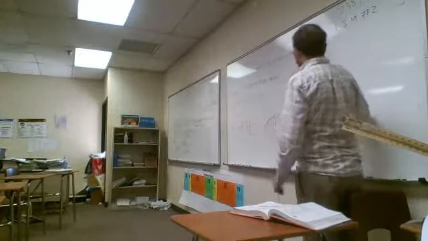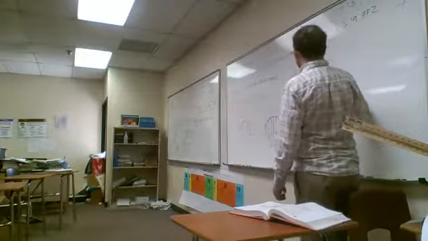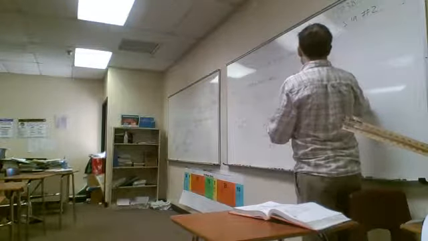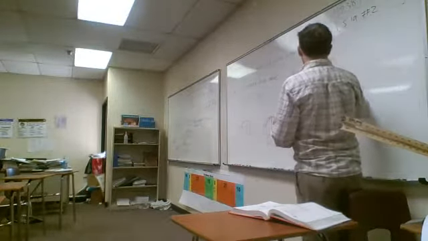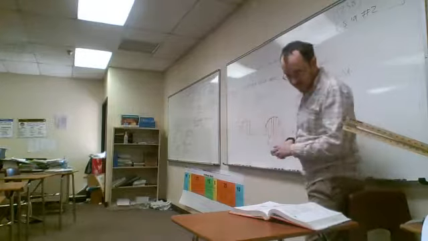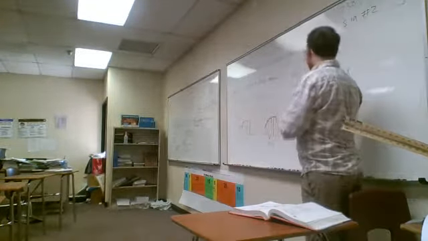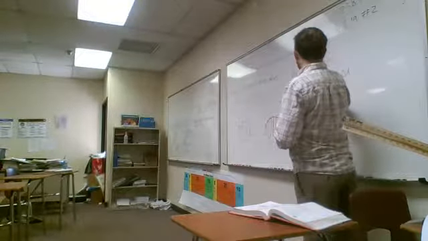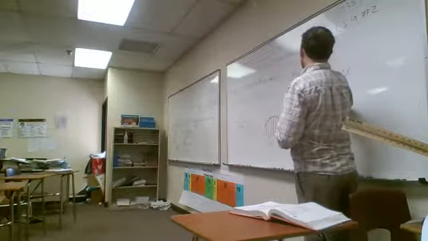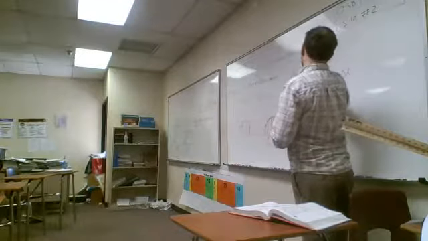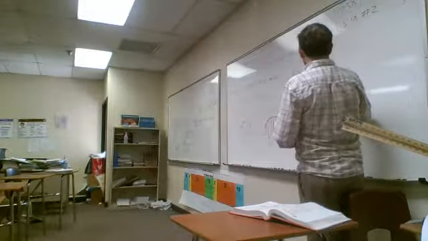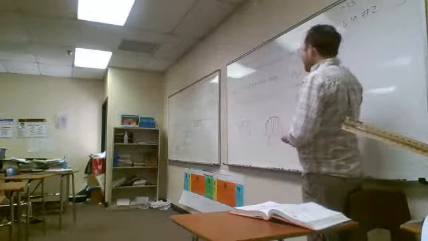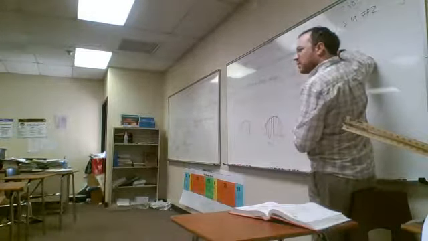But our area is going to be the height of each one, which we know is y, times our delta x. Let's say A is approximately the sum of our y's times our delta x's. Do you remember what goes on top of these things?